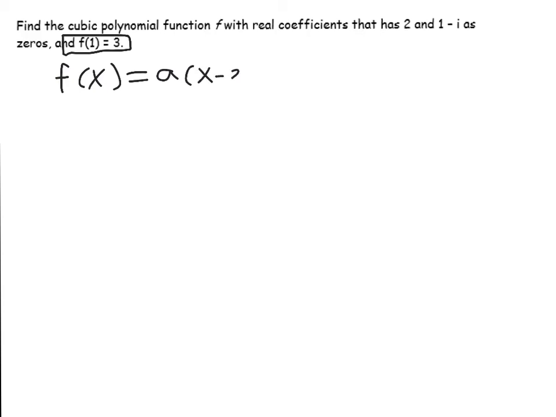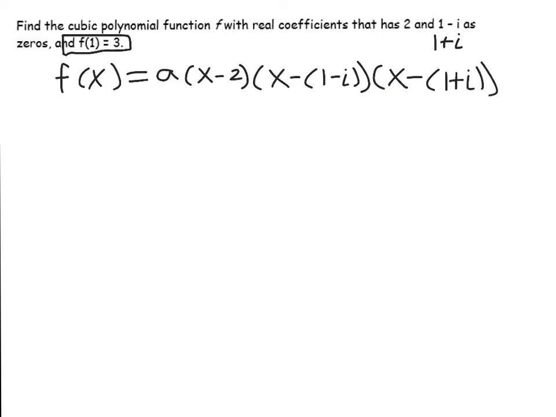This has to have a factor of x minus 2. It's got a factor of x minus 1 minus i. And of course, don't forget, that means we have another imaginary one.